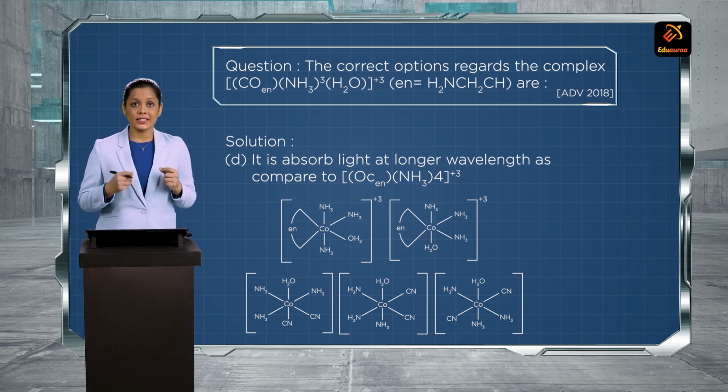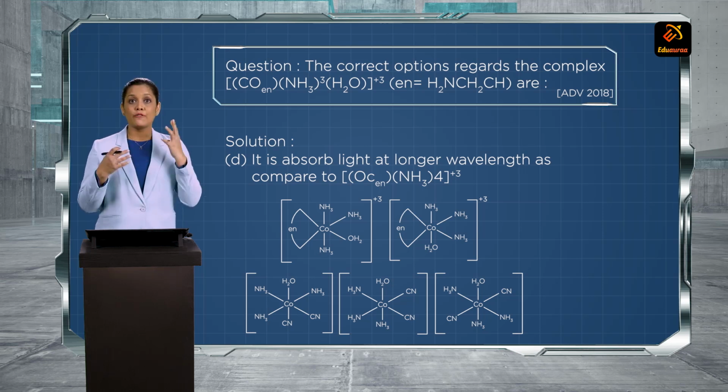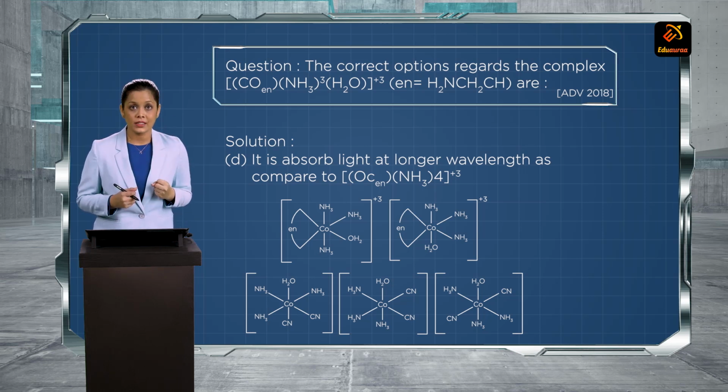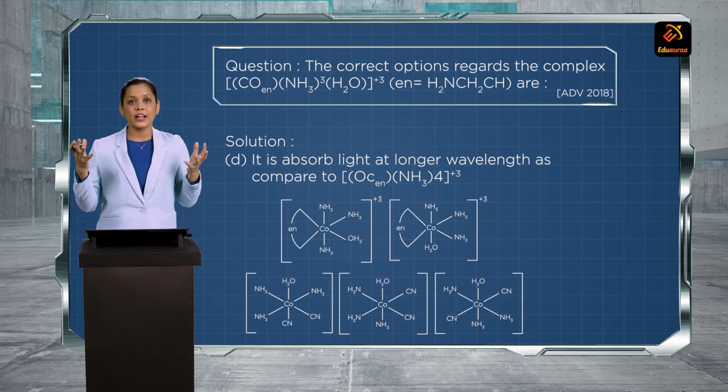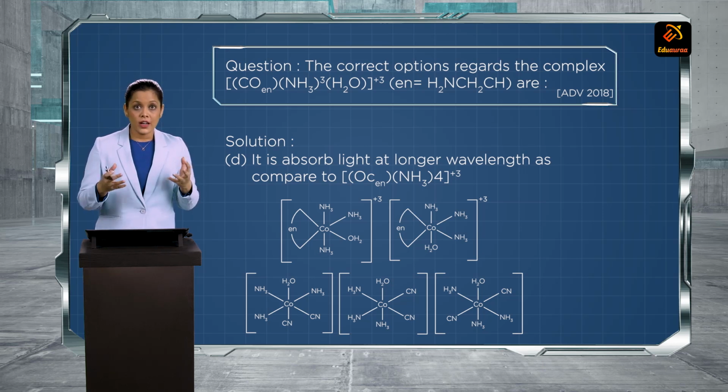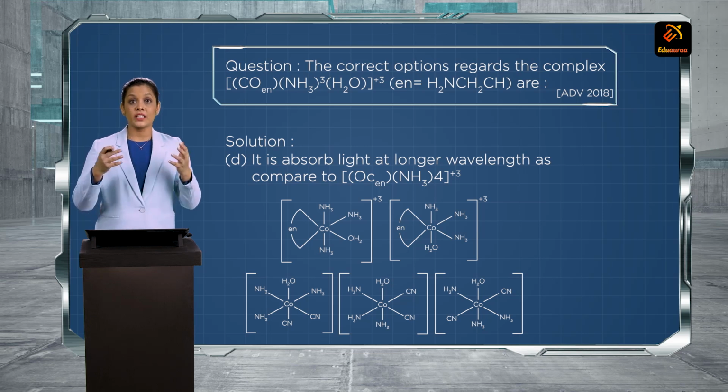Option D says that it absorbs light of a longer wavelength as compared to the complex which has 1 En, that is ethylene diamine, and 4 ammonia ligands. Students, En and ammonia are strong field ligands. Here, the difference of energy between the eg and the t2g orbitals is quite high.